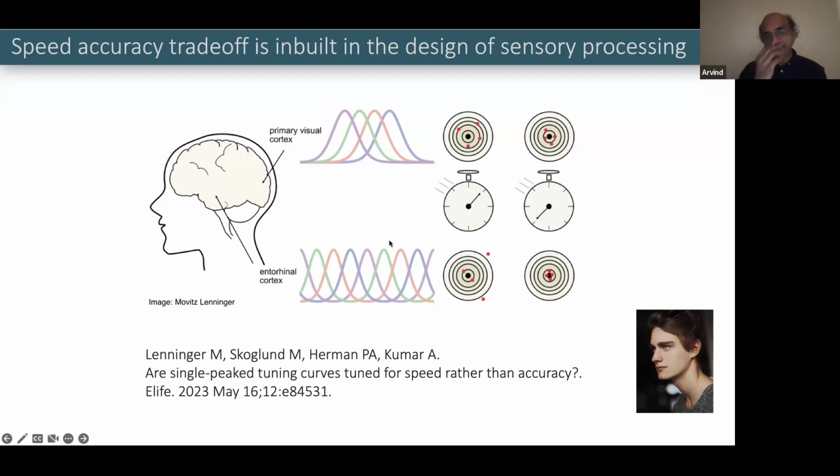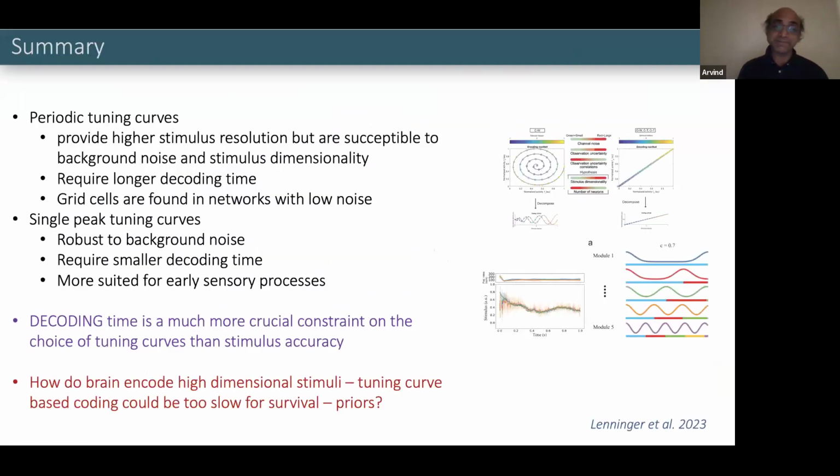But this also makes us think that, why bother about such high accuracy for places? Perhaps they are representing some other thing. Maybe we are interpreting it as a place, but maybe brains are representing something else with entorhinal cortex grid cells.